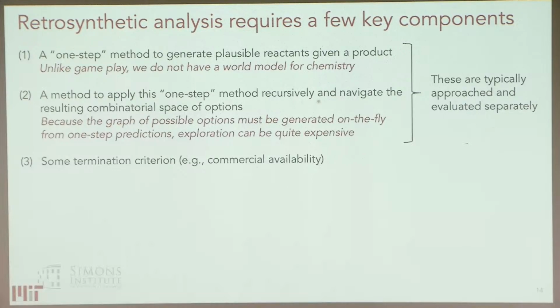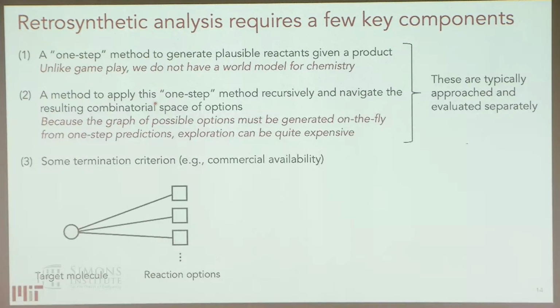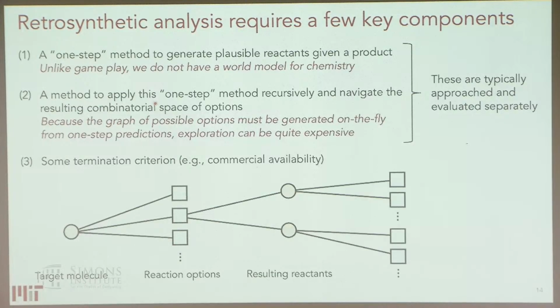And we need a way to apply that one-step model recursively, because if you take your product that you want and you do one-step disconnections, you might have a lot of options, and maybe none of those are yet viable. So you have to go further back and further back and further back. And so you end up with this expansion step, and then you get reactants as a result, and you need to then further go back until you do terminate in commercially available starting materials typically.